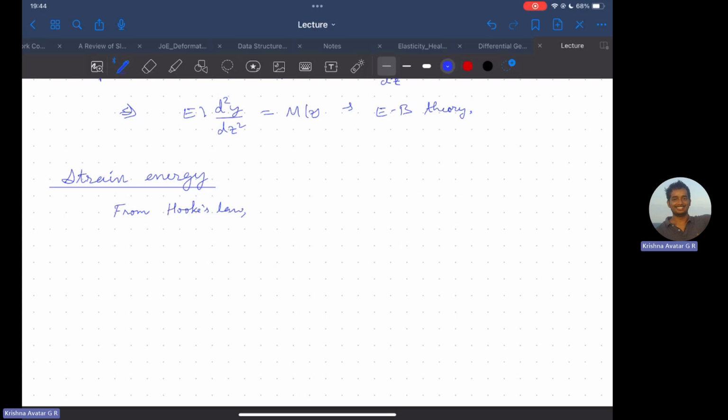what we have is sigma is proportional to strain, and then we recall that sigma is equal to E epsilon, right? And then we know that as epsilon is increasing, sigma is increasing linearly. So what we have is from the graph, this is sigma, this is epsilon, and we make a graph.